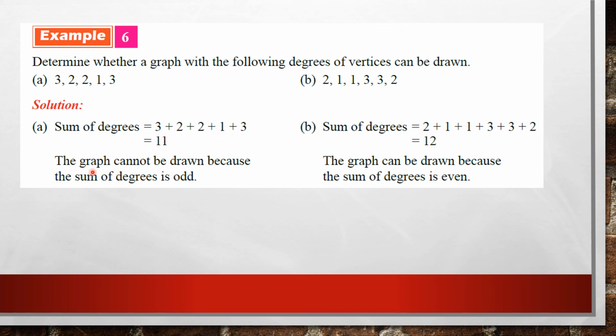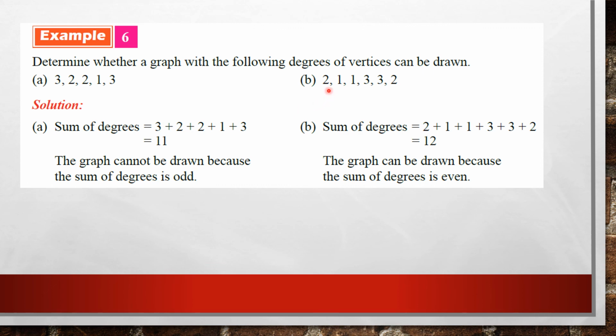When your sum of degrees is an odd number, the graph cannot be drawn. Okay, please take note that the graph cannot be drawn because the sum of degrees is odd. So please take note here, your sum of degrees must be even.